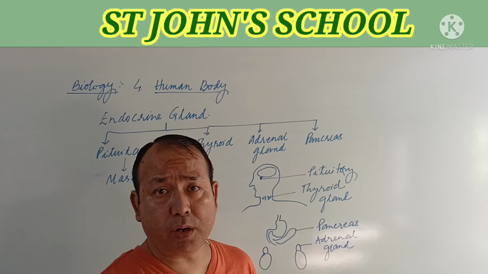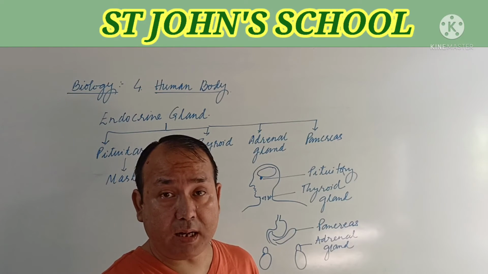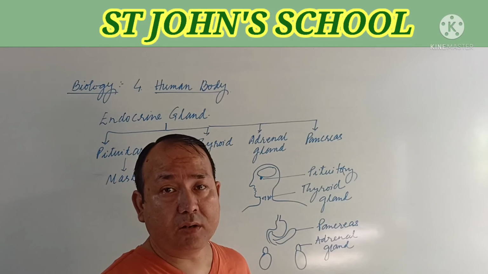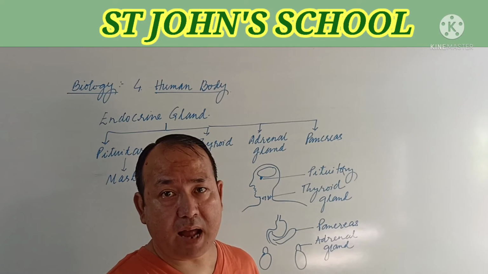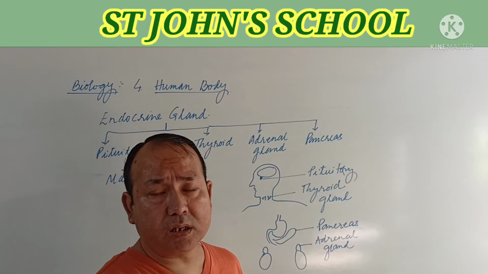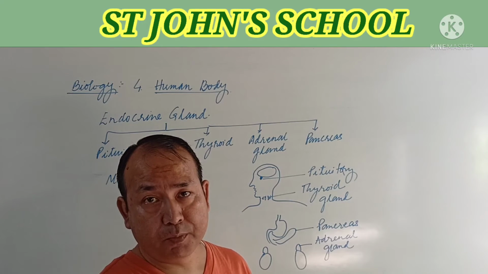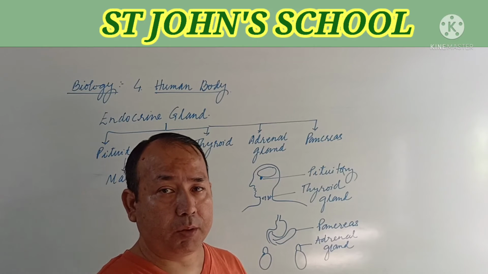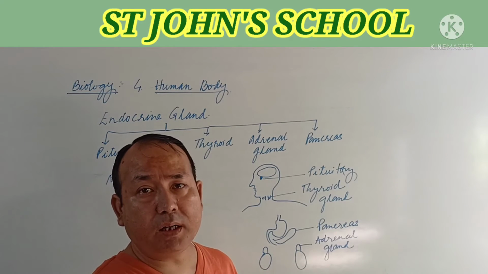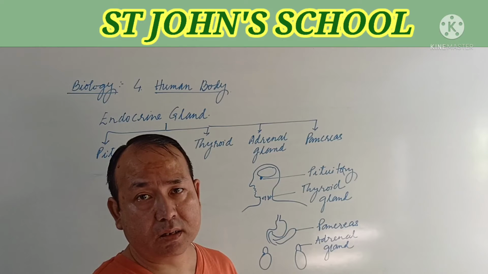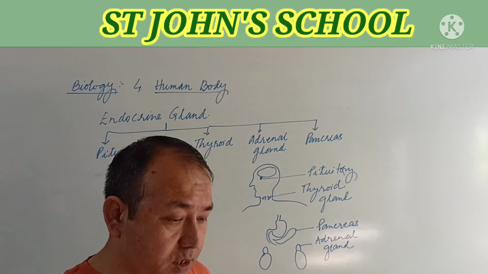It is decided by the pituitary gland. So that is why it is called master gland, and the hormones released by the pituitary gland are called tropic hormones, because they regulate the functioning of other glands.